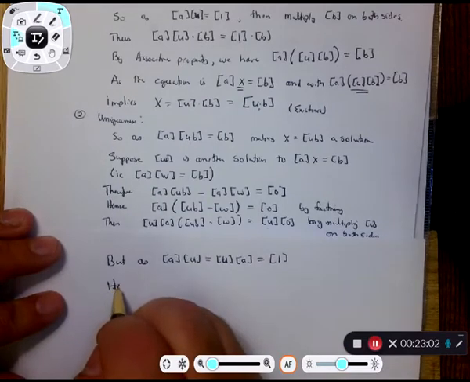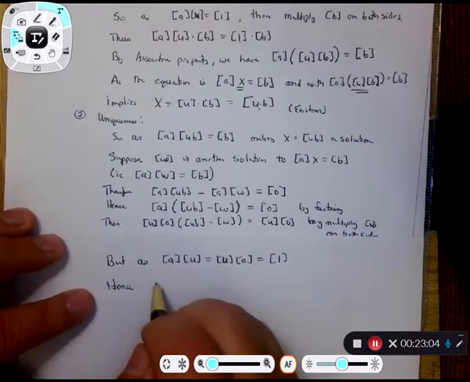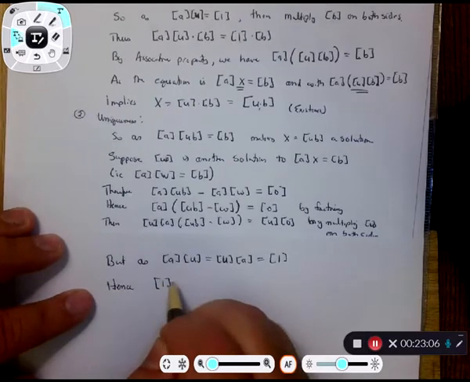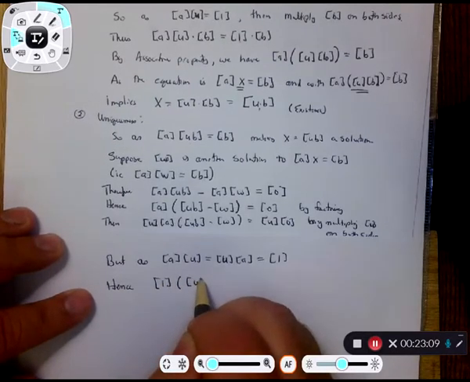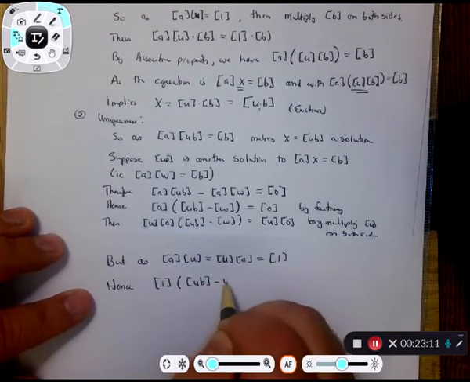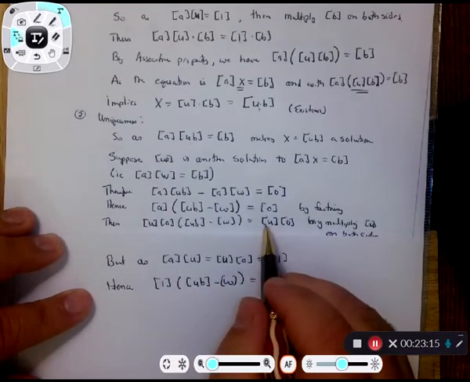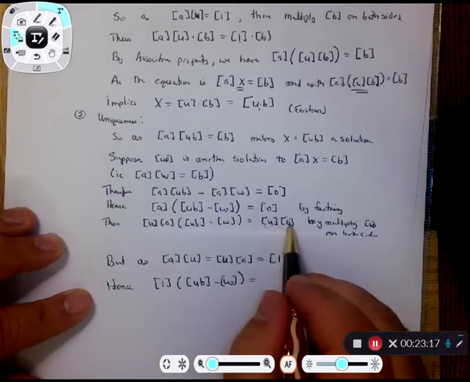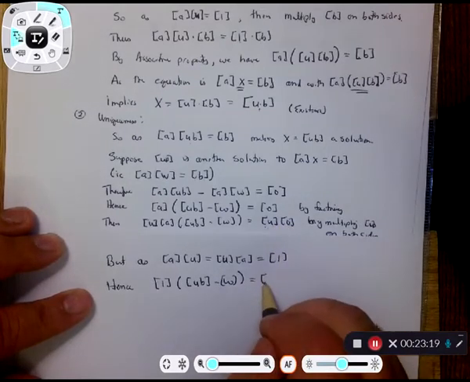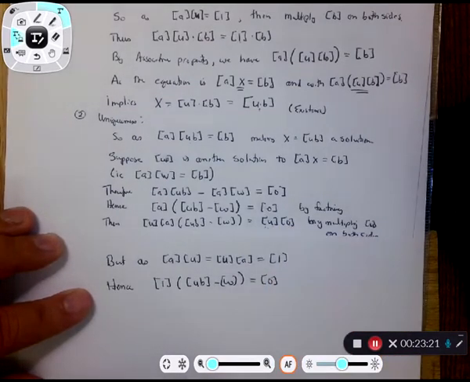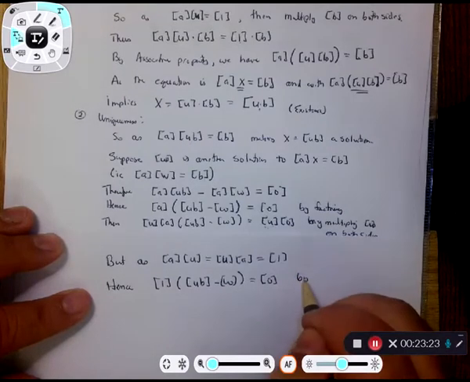Hence, 1 times (UB minus equivalence class W) is equal to equivalence class U times equivalence class 0, which is 0, by substitution.